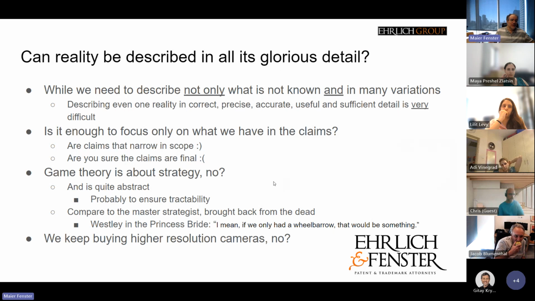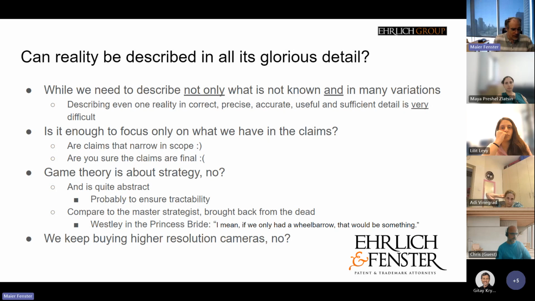And the question that we ask as patent attorneys is, can reality be described in all of its glorious detail? And just to make it clear what I mean about reality, in a real patent application, we describe not only some new idea, but we describe multiple variations of things that simply do not exist.